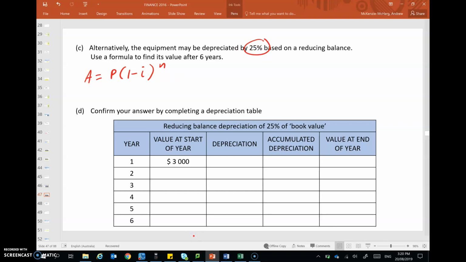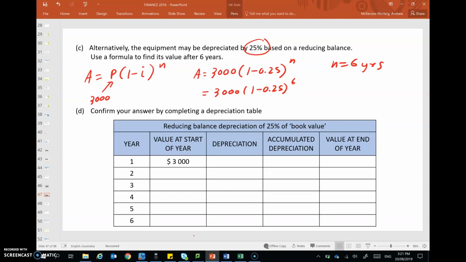So the amount that it's worth is, where the P goes, the original cost of the equipment, $3,000, bracket 1 take 0.25 to the power of N. We could put any N value in here, and we'll find the value of the equipment after that many years. Here, after 6 years, N equals 6, so we're going to put that in for the N value.